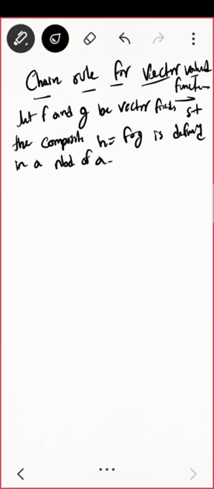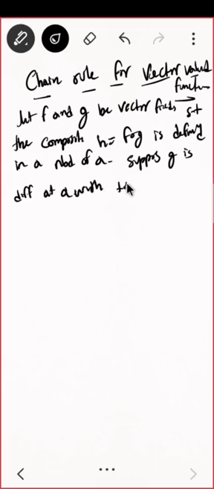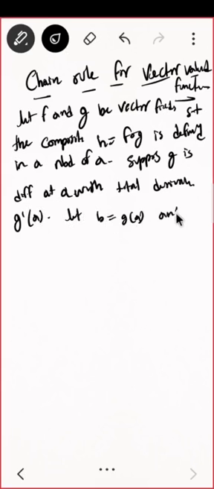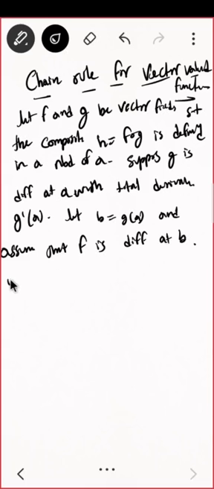Suppose g is differentiable at a with total derivative g dash of a, and let b equal to g of a, and assume that f is differentiable at b with total derivative f dash of b.